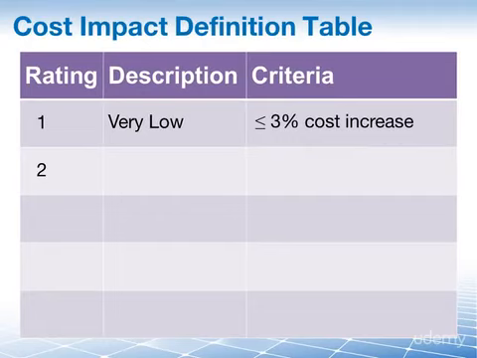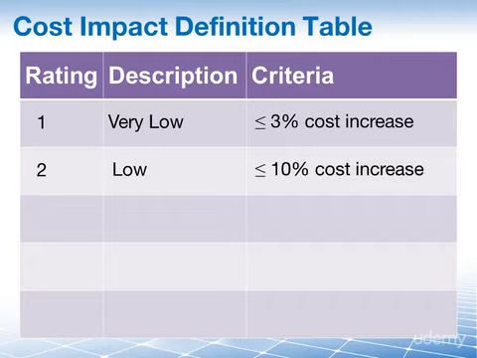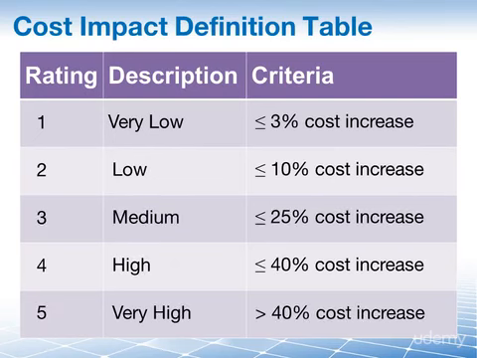Similarly, if we have the rating of 2, this is, as the description here, a low risk, and here the cost deviation, the cost overrun, has to be above the 3% that we had before, but not exceed 10%. And so on for all of the 5 ratings.